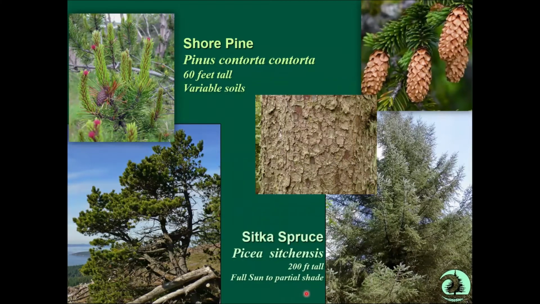It is more of a coastal, naturally occurring plant or tree, but we do find it inland as well. And one restoration technique is to plant Sitka spruce in the same hole as Western red cedar, because Western red cedar is loved by elk and deer. It's pretty much like candy for elk and deer.